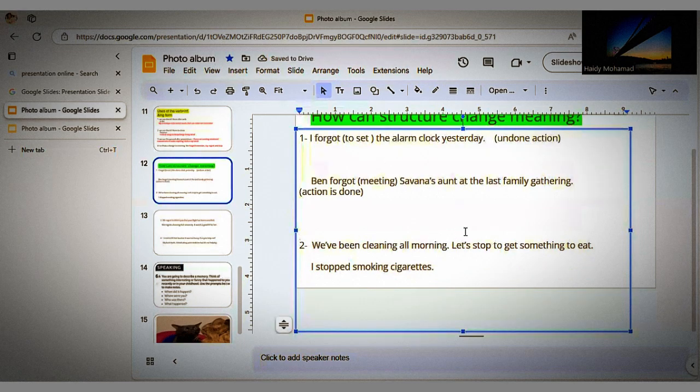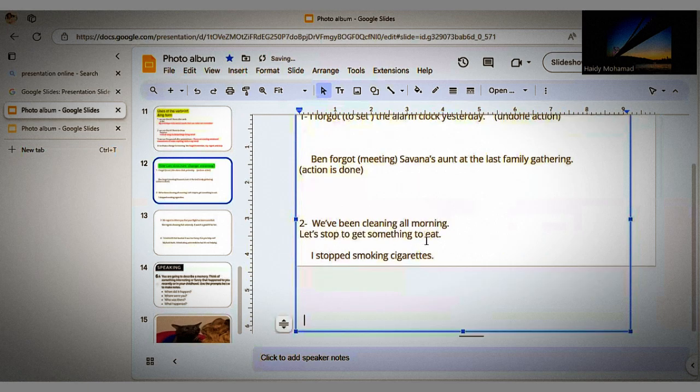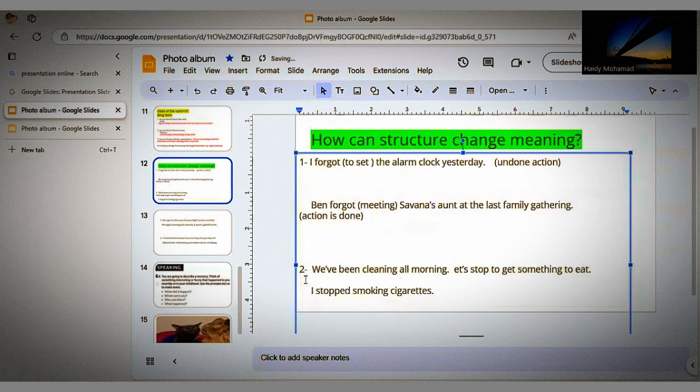Okay, so let's go to the second verb, which is stop. We have been cleaning all morning.